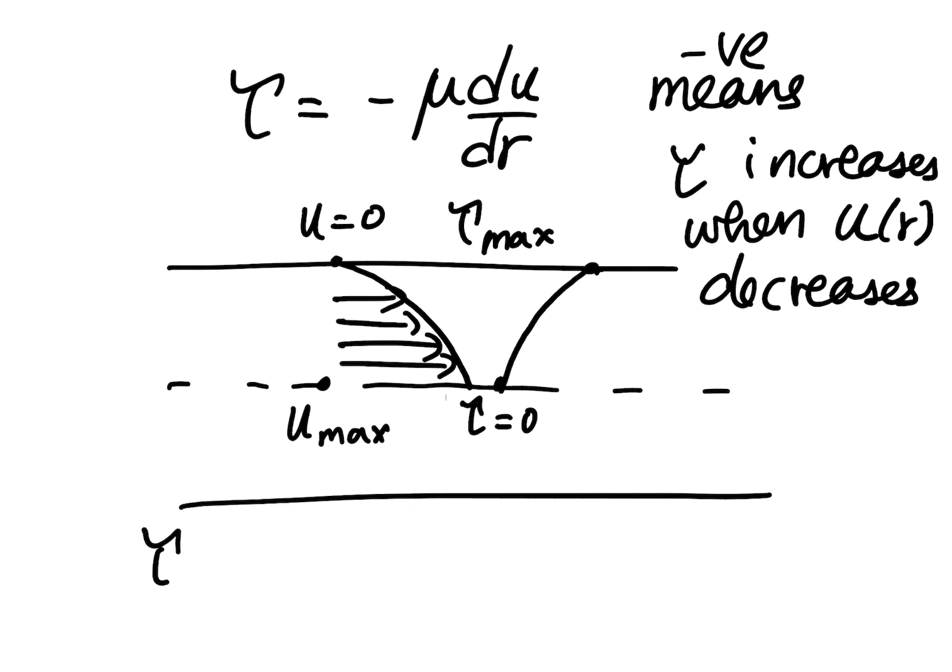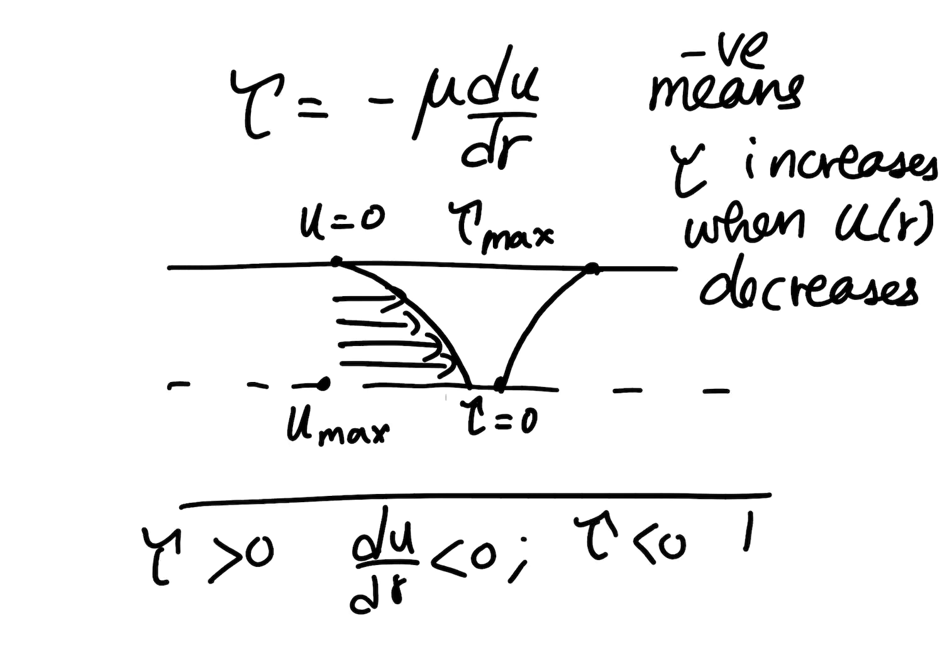Tau is positive when du by dr is negative, and tau is negative when du by dr is positive. Okay, so we are going to write tau equals minus mu du over dr.